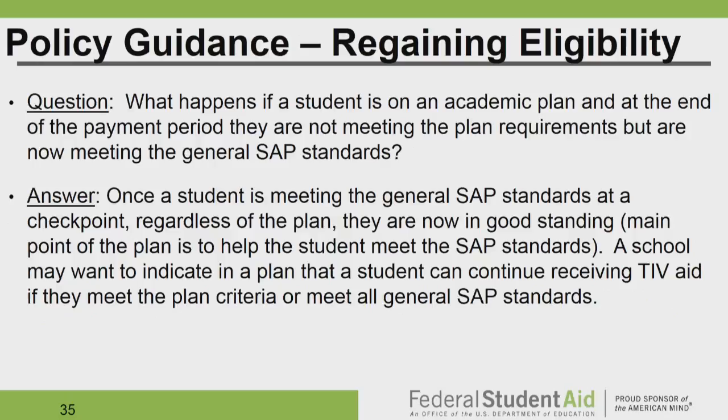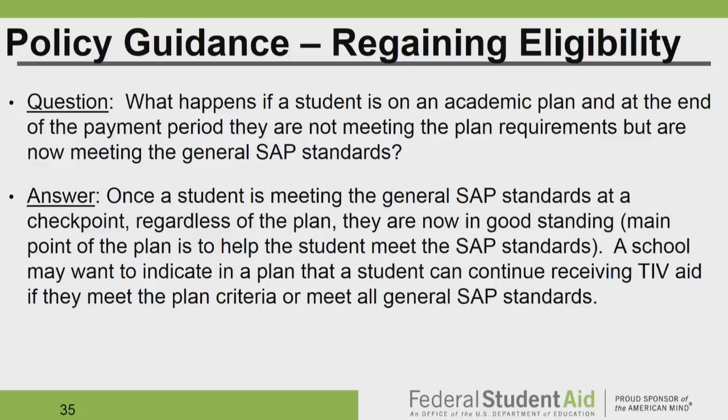What about regaining eligibility? Speaking of academic plans, a lot of times the plans are more restrictive. They have to be, right, to pull them up to those minimum SAP standards. Well, what happens at the end of an evaluation checkpoint when the student doesn't meet your academic plan requirements, but they now meet the general SAP standards? Schools have said, I don't know, are they eligible or not?